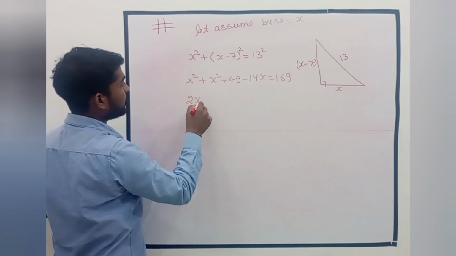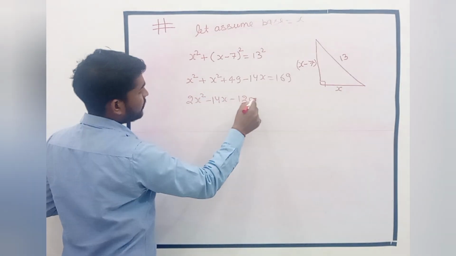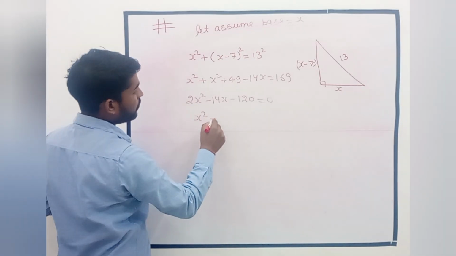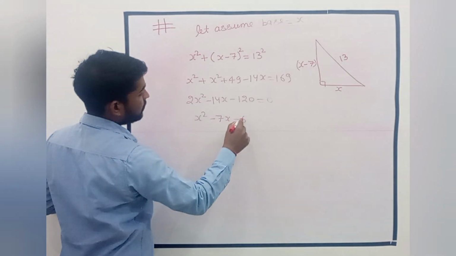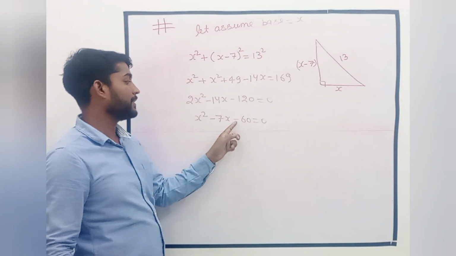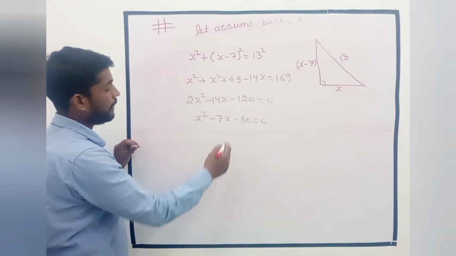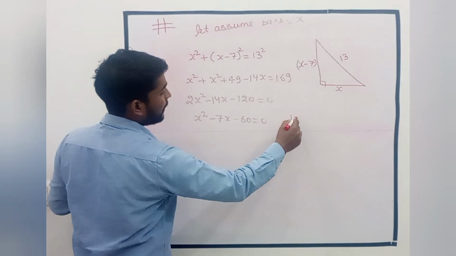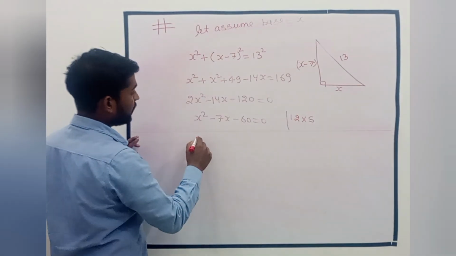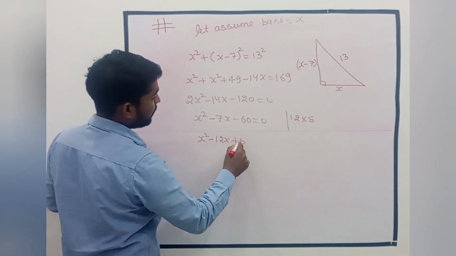Transfer to this, and divide this equation by 2, and we will find the factors of 60, where the difference of the factors becomes 7, so 12 multiply 5, and also we write 12x plus 5x.